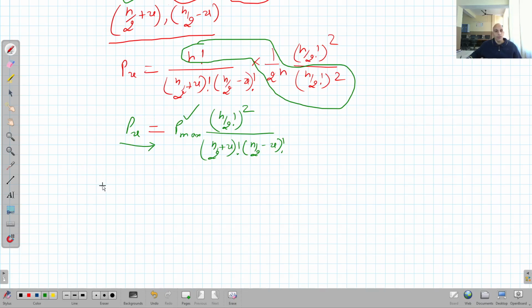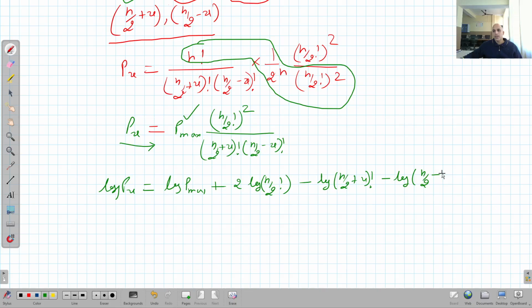So taking natural log on both the sides, log of P x is equal to log of P maximum plus 2 log of (n/2) factorial, minus log of (n/2 plus x) factorial, minus log of (n/2 minus x) factorial.